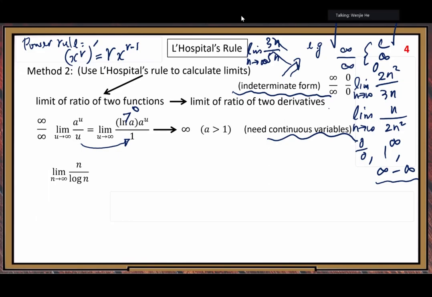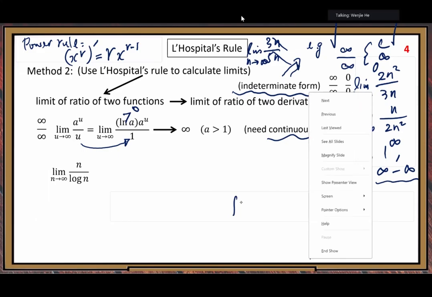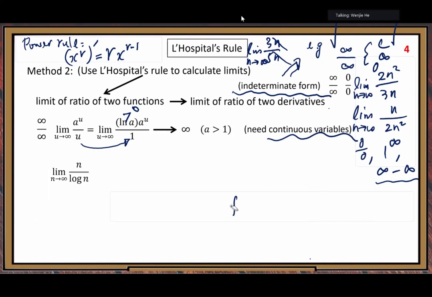If I write the derivative formula, let me write f prime. The screen is very annoying, too sensitive.